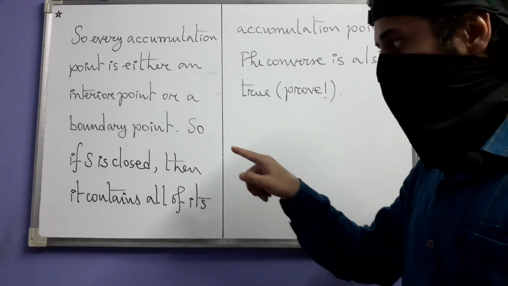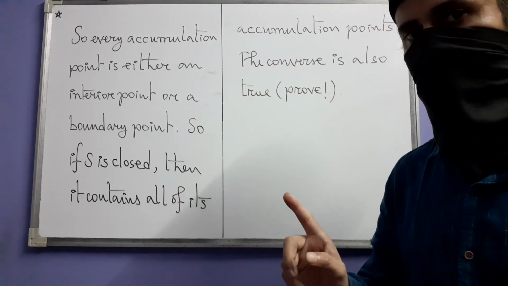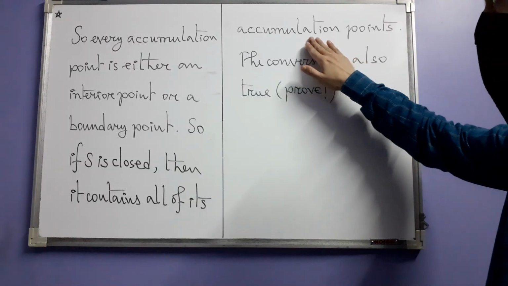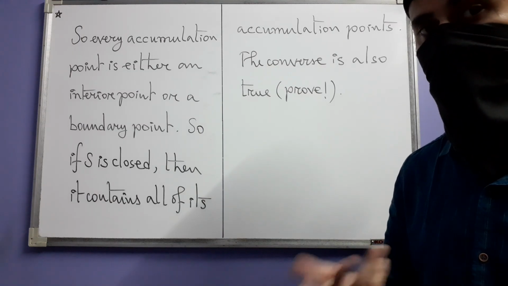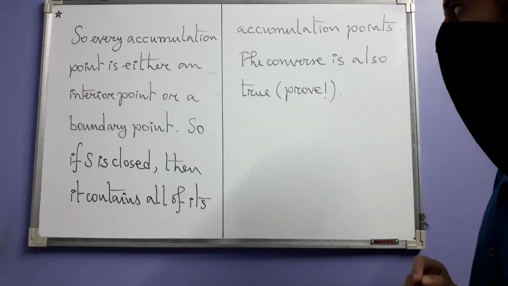However, the definition of a closed set says that a closed set contains all of its boundary points. This term accumulation point, in its place you can also use another term, limit point, which I think is more familiar to most of us.